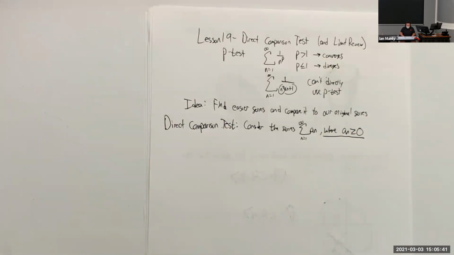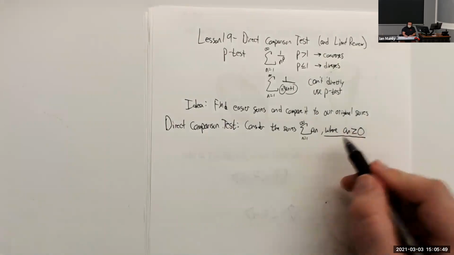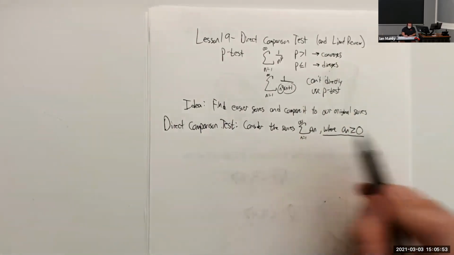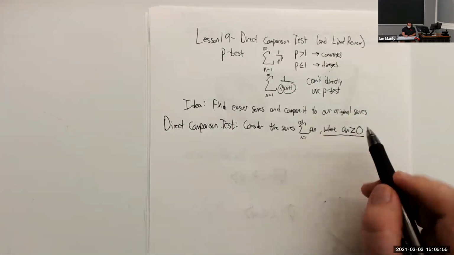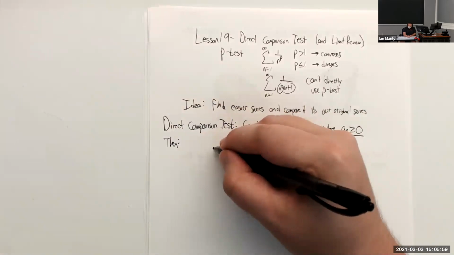In this case, we're only going to have one condition. We just need a sub n to be greater than or equal to 0 for this to work. So we can only do that on non-negative series. But if we have a non-negative series, then we can use direct comparison. So consider the series a sub n where the sequence we're adding up is greater than or equal to 0. Then one of two things happens.